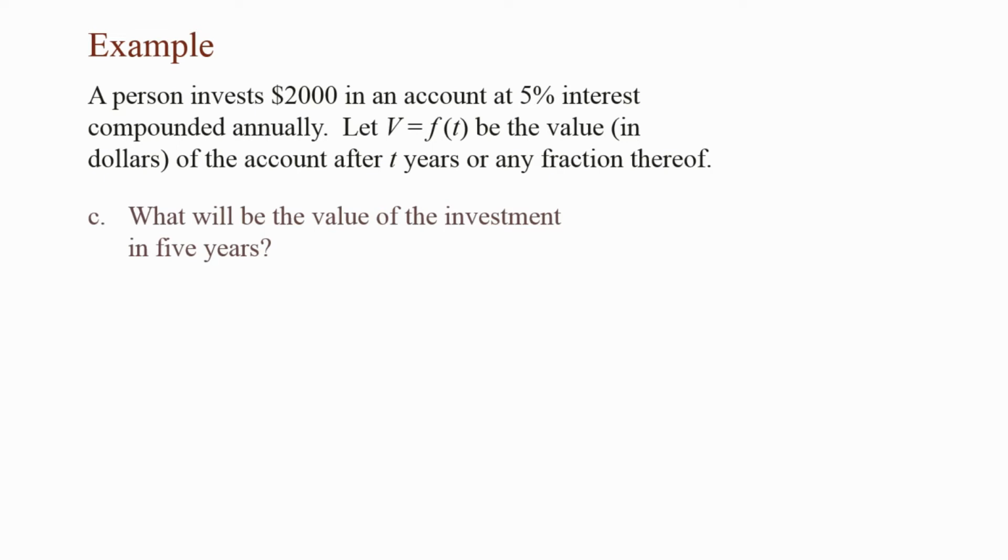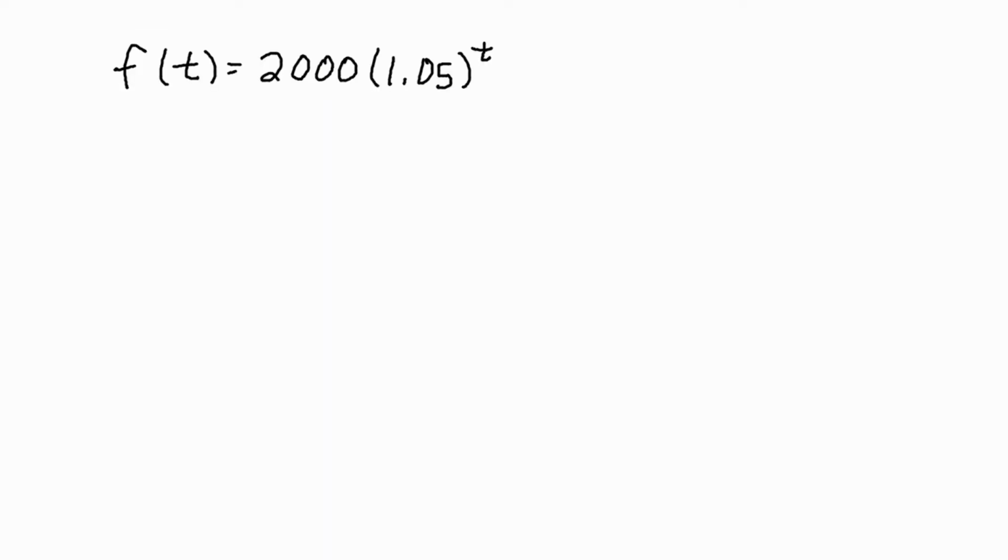Part C of the example. What will be the value of the investment in 5 years? To find the investment in 5 years, we need to let t equal 5. F of 5 equals 2,000 times 1.05 to the 5 power.